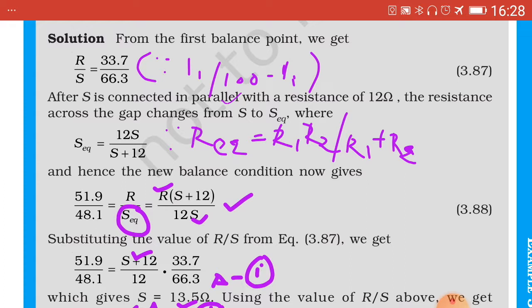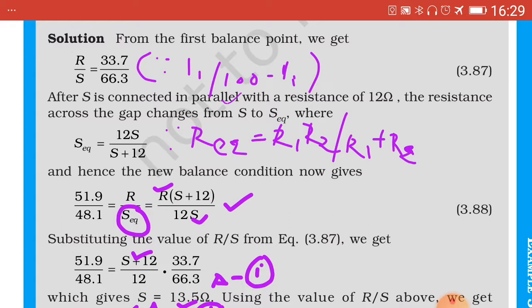Therefore 51.9 upon 48.1 equal to (S plus 12) upon 12 into 33.7 upon 66.3. Now we have to simplify this, and for simplification the easier method will be, first you simplify 33.7 upon 66.3, which will turn out to be a decimal value.